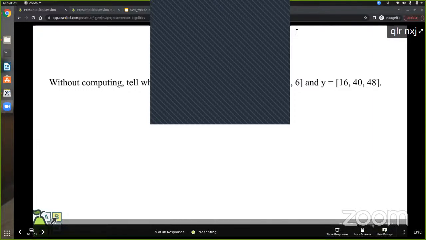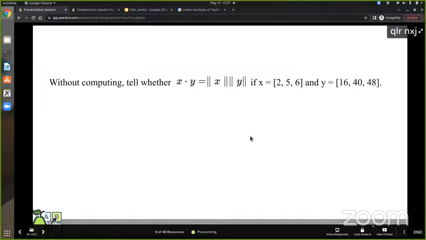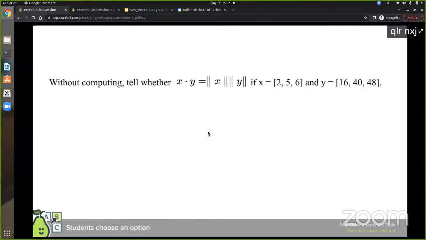Okay, so what does the Cauchy-Schwarz inequality tell you? If there are two vectors x and y, then their dot product will always be less than or equal to the multiplication of their magnitudes. Okay, what are we asking here? Whether the dot product and the multiplication of magnitudes is equal or not.